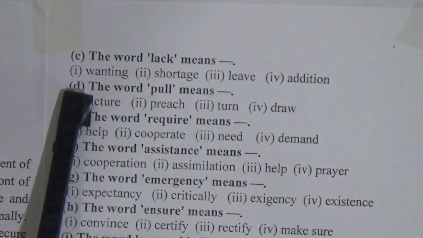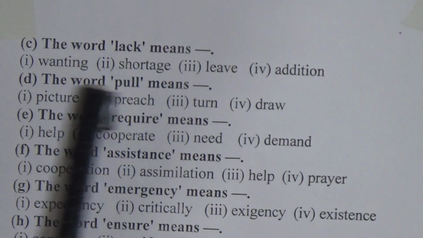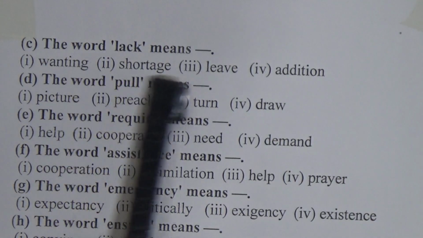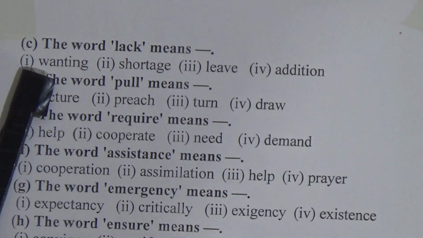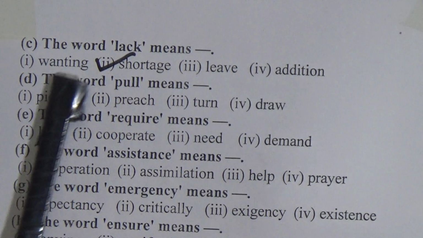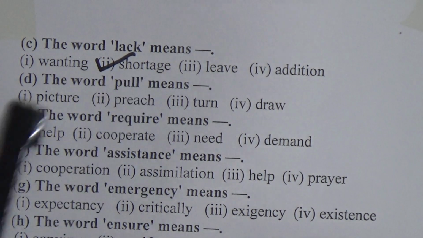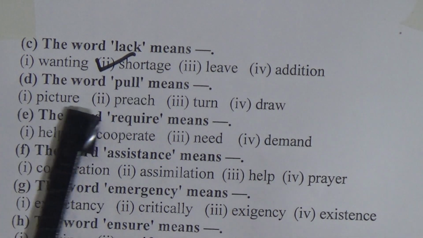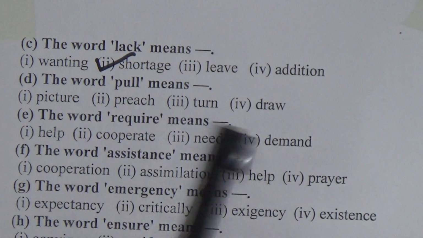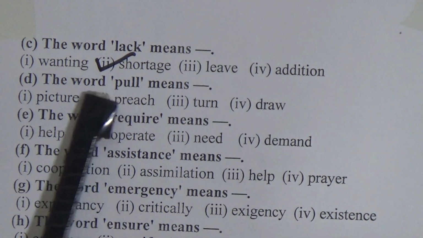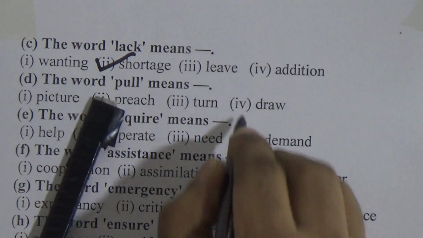So we're moving to next space. Number C, the word lack means wanting, shortage, leave, addition. So lack means shortage. Shortage means lack. Number D, the word pull means picture, print, turn, draw. So pull the mask means draw something.